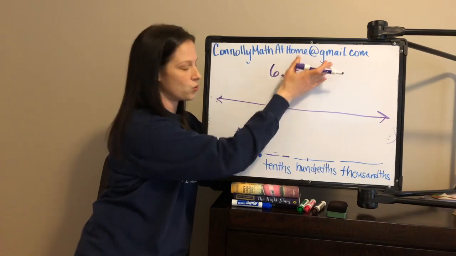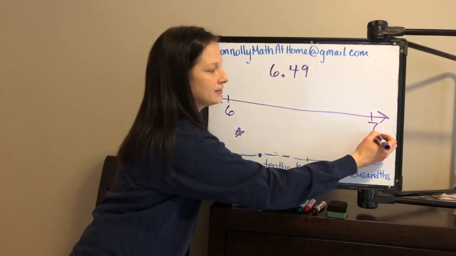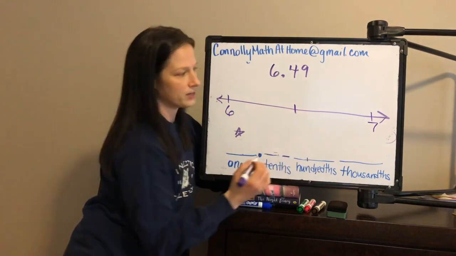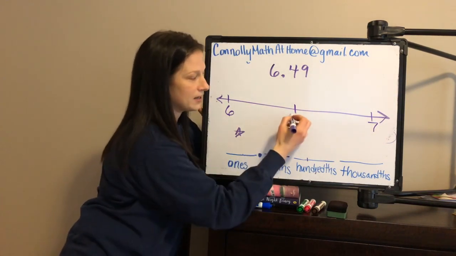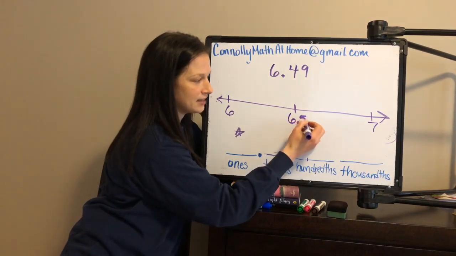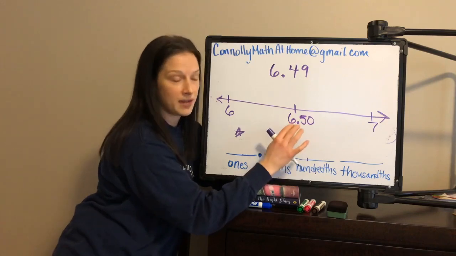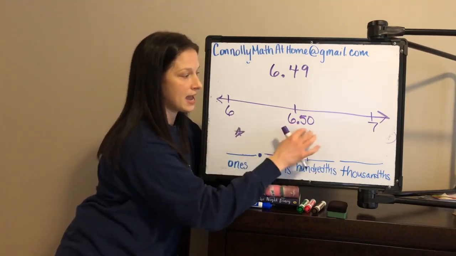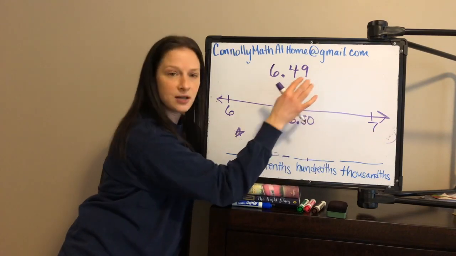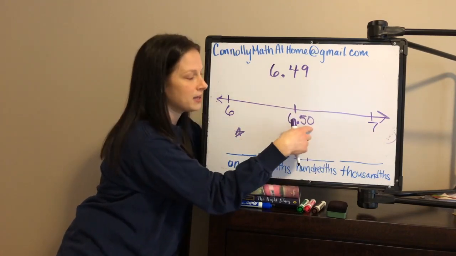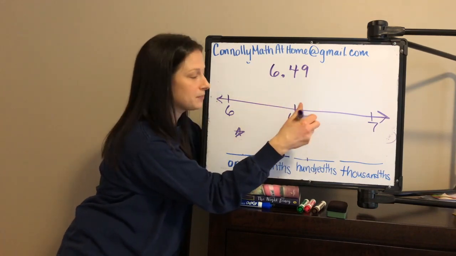So 6 ones or 7 ones. So we have 6, and we have 7. And when I think about what is halfway between 6 and 7, we can think about 6 and 5 tenths, or 6 and 50 hundredths would be halfway between 6 and 7. I went to the hundredths place again here because this is in the hundredths place, and I like to make the equivalent decimal match what I'm working with up here, so comparisons can be really easy.